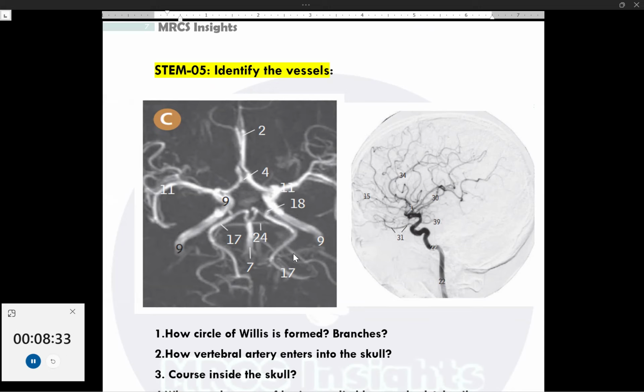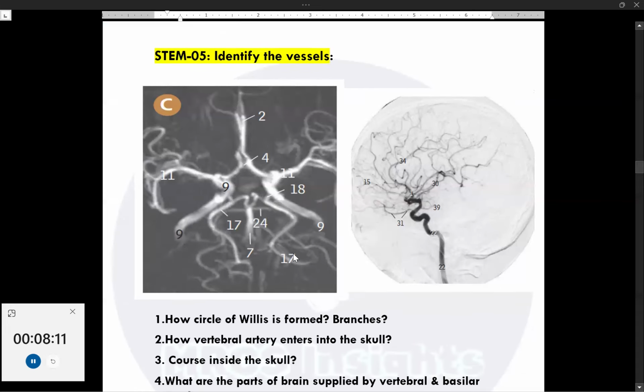What are the main vessels involved? The main vessels are the internal carotid artery and both vertebral arteries, which form the basilar artery, which forms the posterior cerebral artery. And the internal carotid artery will give rise to the anterior cerebral artery, and the anterior cerebral arteries give rise to the anterior communicating artery, and the internal carotid artery itself gives the posterior communicating artery. That is the circle.